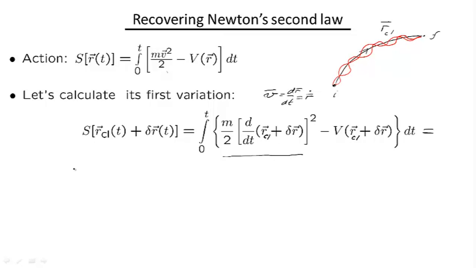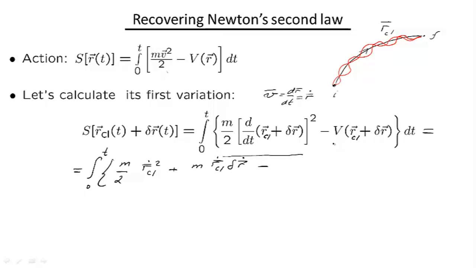For example, in the kinetic energy part we're going to have m over 2 classical velocity squared plus the linear term, which comes from 2 r dot dr. So we have m, r classical dot plus dr dot.